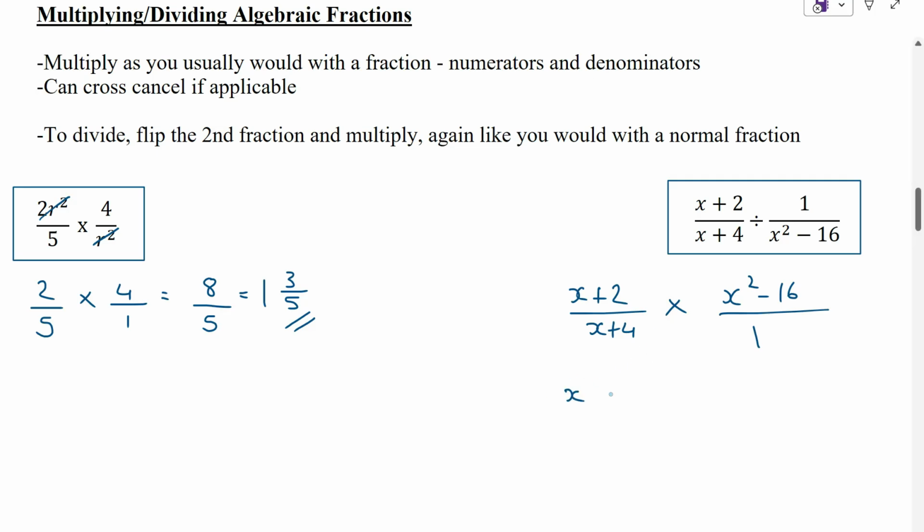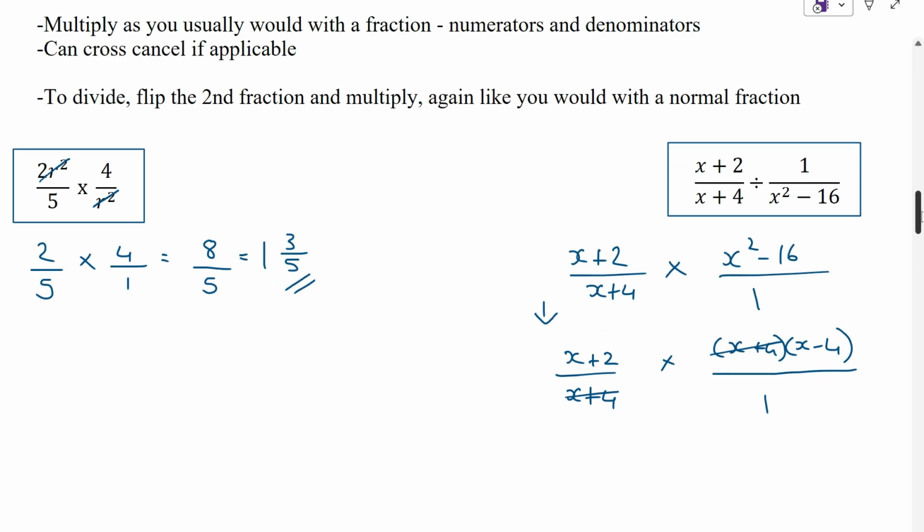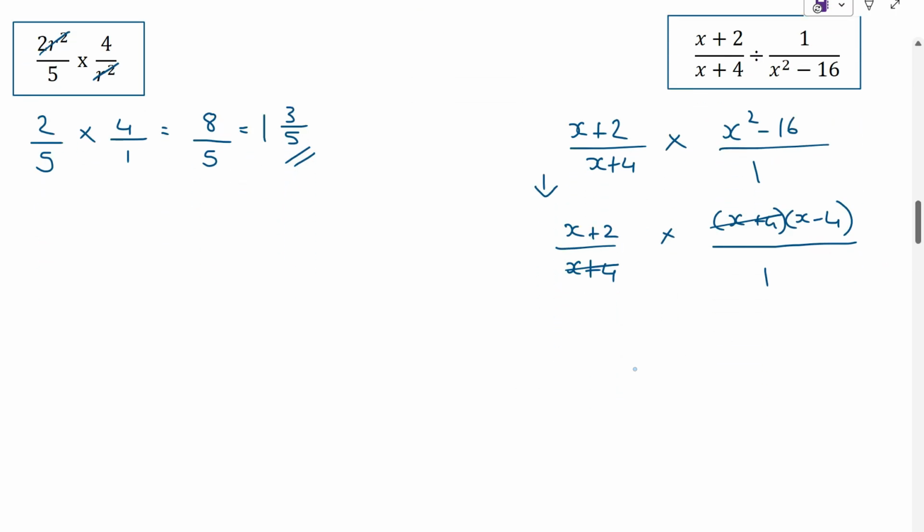So if we rewrite this, this fraction will stay the same. We're going to be multiplying by x plus 4, x minus 4 over 1. And straight away we can see x plus 4 and x plus 4 cancel out. So now we can just go ahead and multiply as normal.